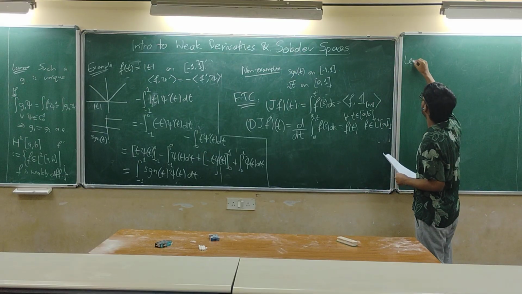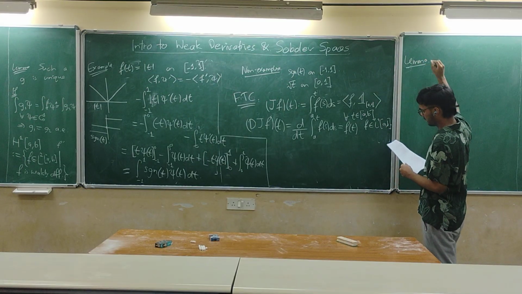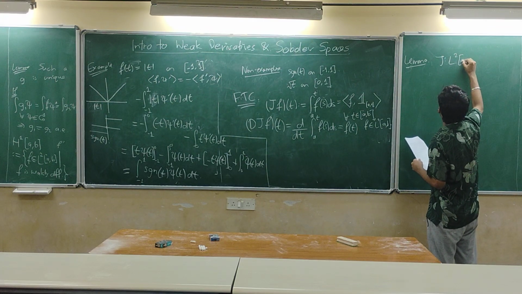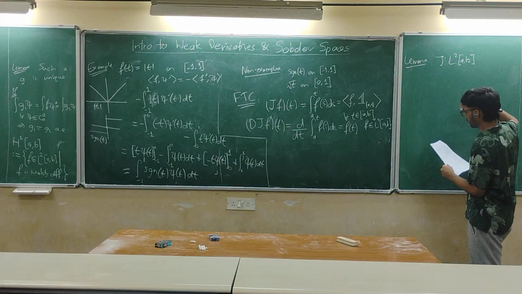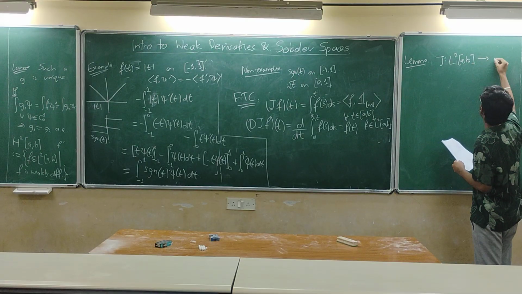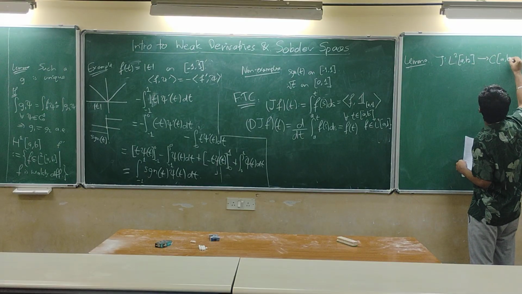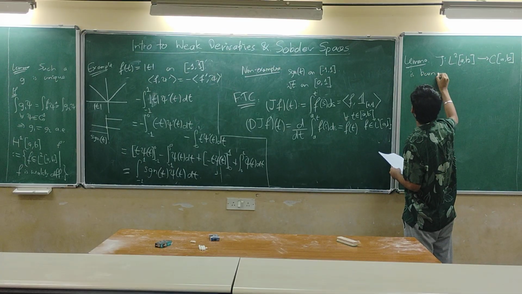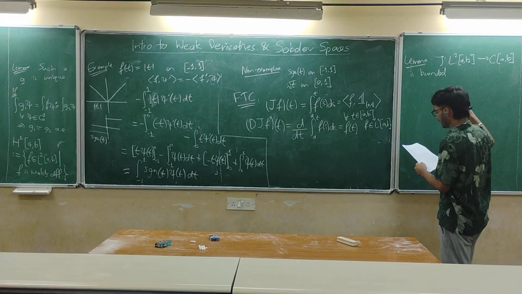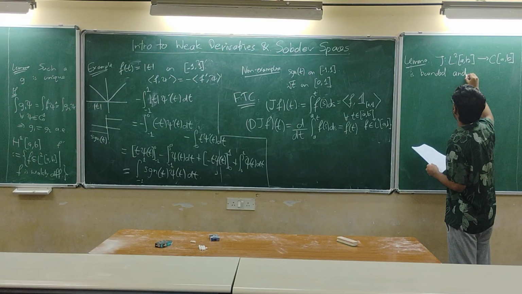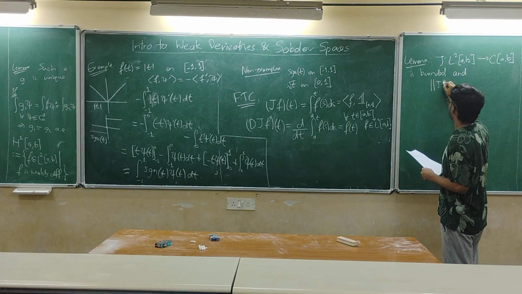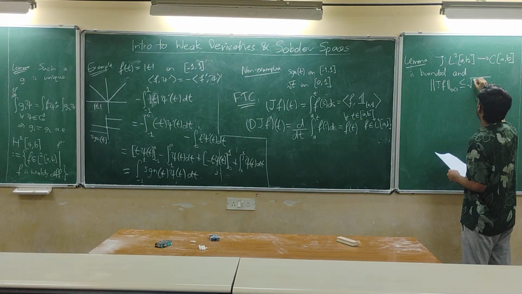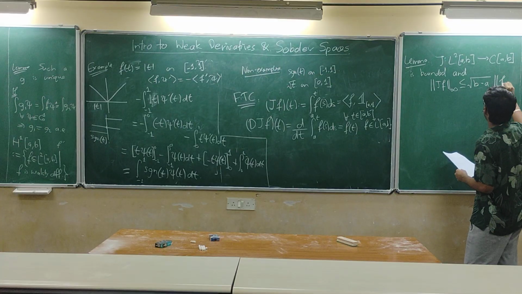Basically, lemma: this operator J from L squared (a, b) to continuous functions is continuous, is bounded, and one has that the function it maps onto is bounded as such.